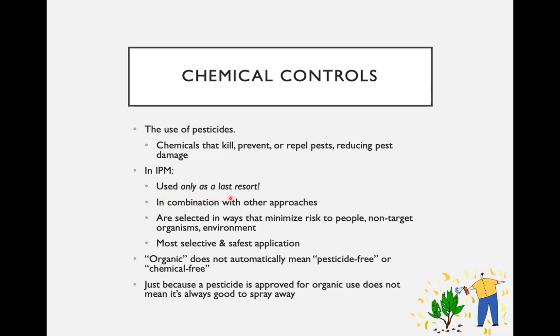We always consider it a last resort, and pesticides are always going to be used in combination with other approaches. And as a strategy, for folks looking to grow organically, it's always advised to choose what are called selective pesticides, so they don't have off-target effects on other organisms.